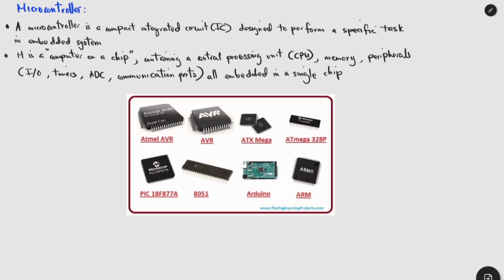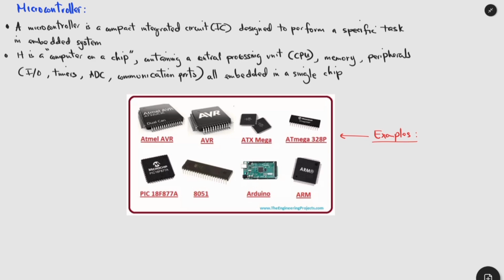We should start by defining what is a microcontroller. A microcontroller is defined as a compact integrated circuit. And in the figure given, we have some examples of a microcontroller chip or the integrated circuit that is available in the market.